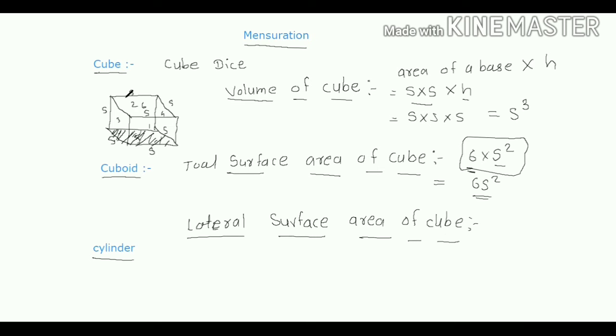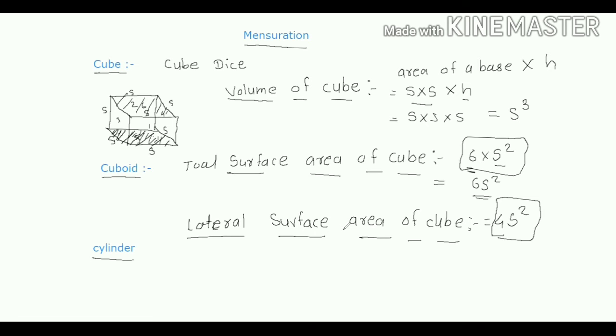If we remove these two surfaces, only 4 surfaces remain. So we write 4s square. This is the formula for the lateral surface area. Now this is all about the cube, and this is how we use the formulas to find the volume, total surface area, and lateral surface area.